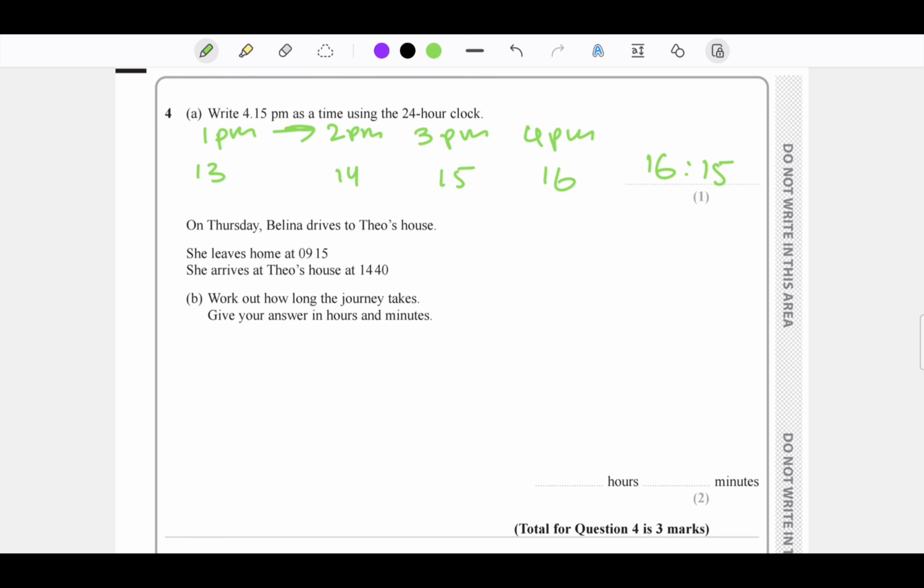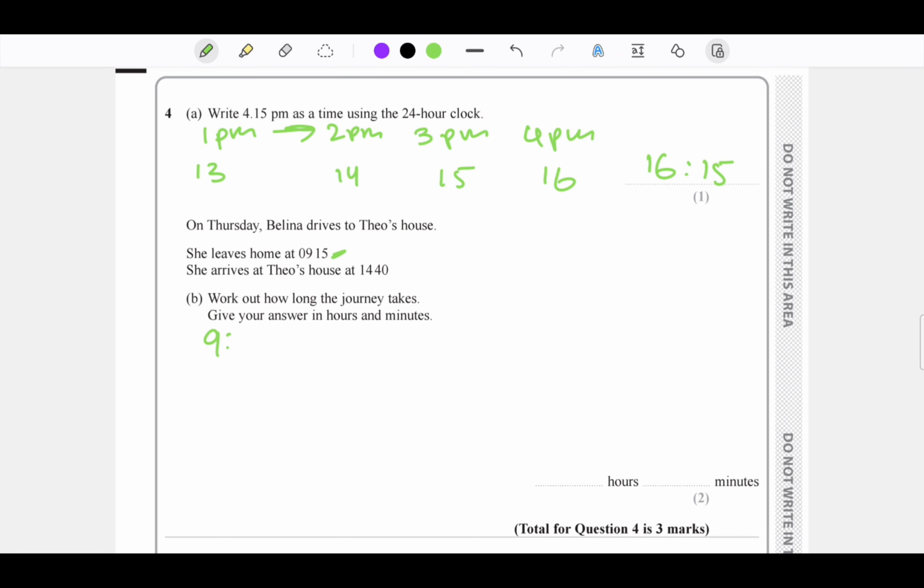On Thursday, Belina drives to Theo's house. She leaves home at 9:15. This would be AM. She arrives at Theo's house at 14:40. Work out how long the journey takes. Give your answer in hours and minutes. So we're going to do this question in the 24-hour format.